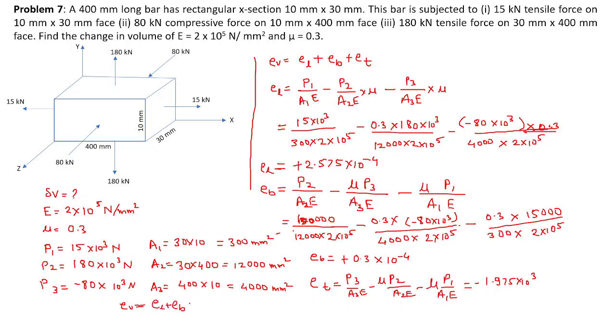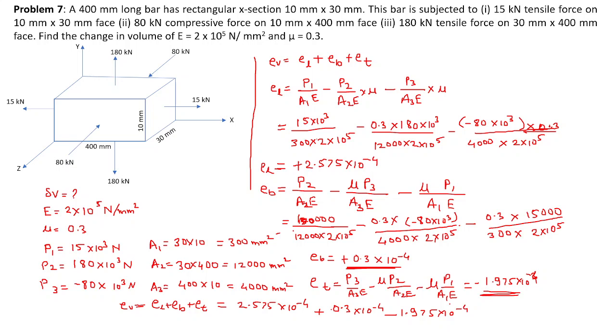EL plus EB plus ET will be, what is EL? 2.575 into 10 raised to minus 4, plus 0.3 into 10 raised to minus 4, and minus 1.975 into 10 raised to minus 4.